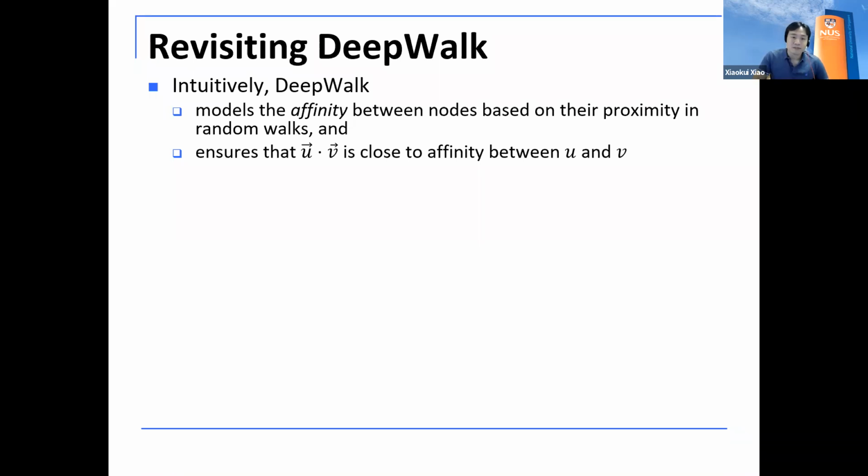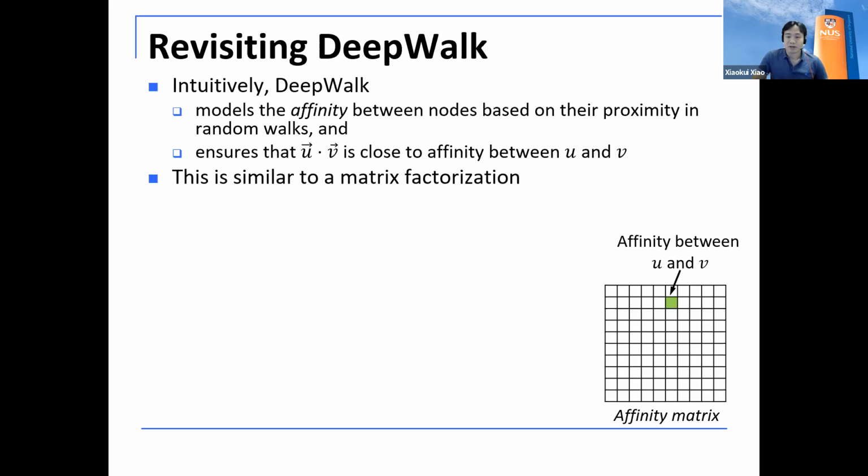So if we look at it from this angle, then DeepWalk is essentially doing a matrix factorization. In particular, we can imagine that there is an n by n affinity matrix, where n is the number of nodes in the graph, and each entry in this matrix is just the affinity value between a node pair. Okay, so it's the affinity value that is implicitly captured by DeepWalk.